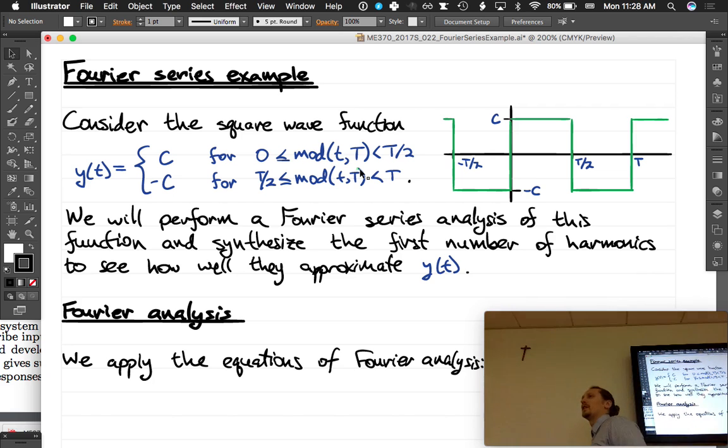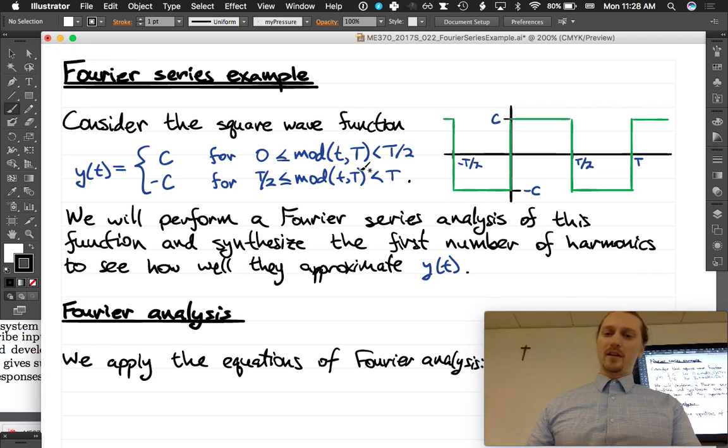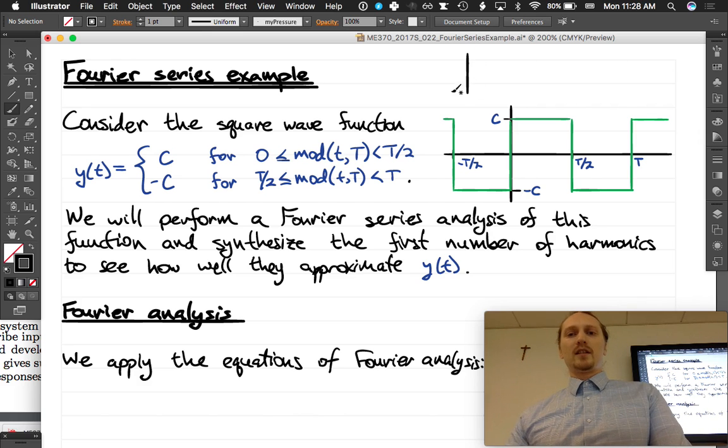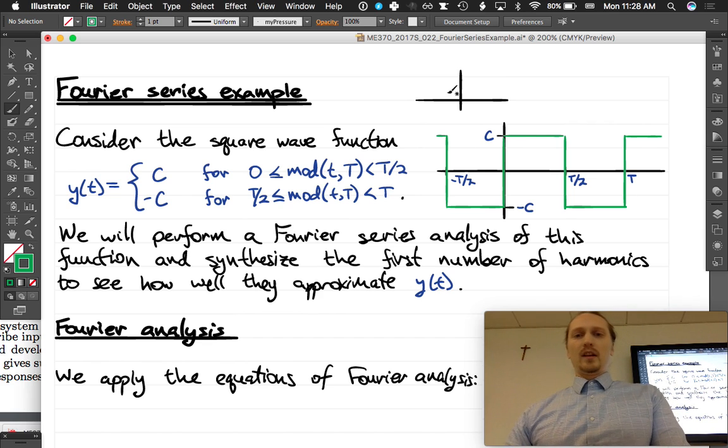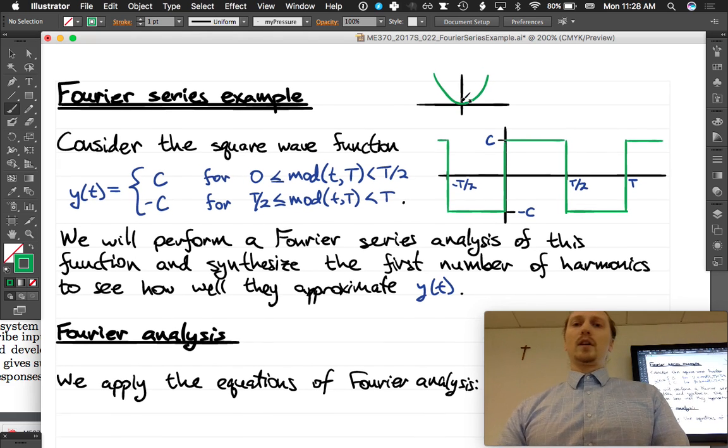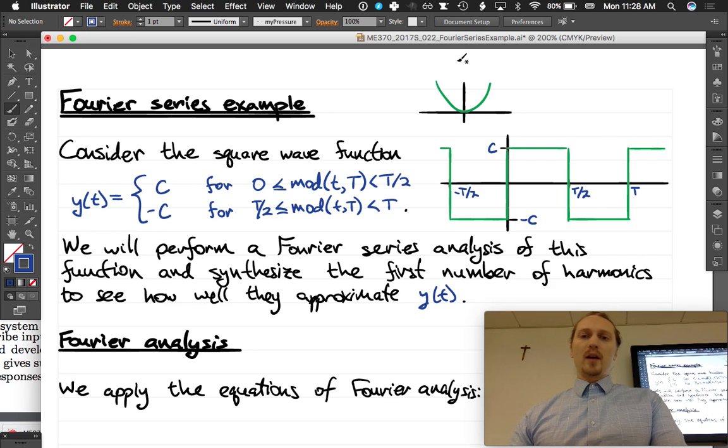Do you guys remember what even and odd is? Do you remember the definition? Okay, let's remind ourselves. An even function is a function like x squared, for instance. It's symmetric about the vertical axis, and it has the property that f of positive t is equal to f of negative t.